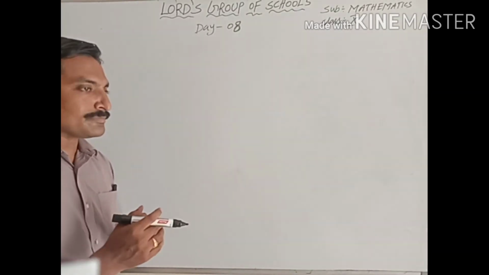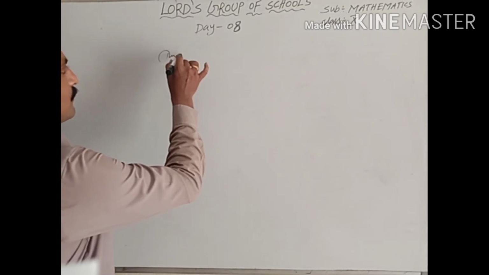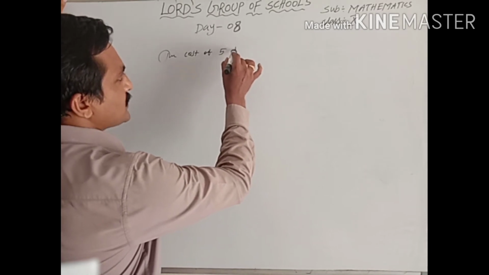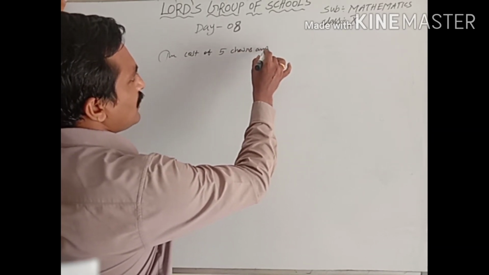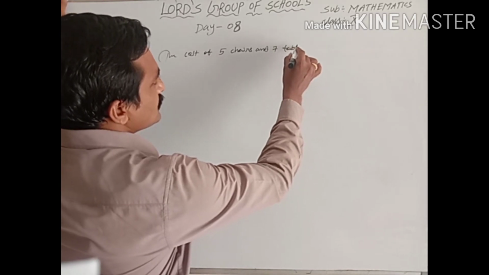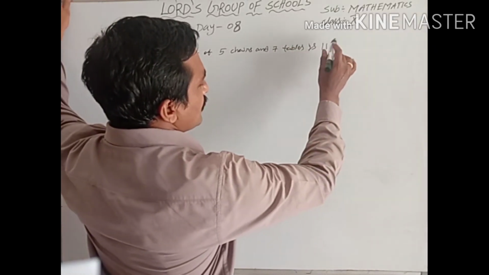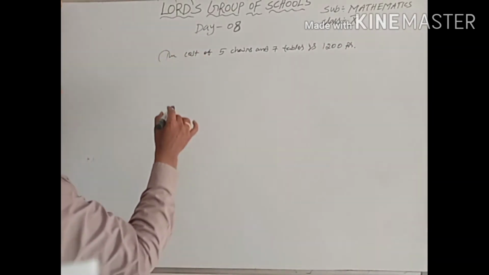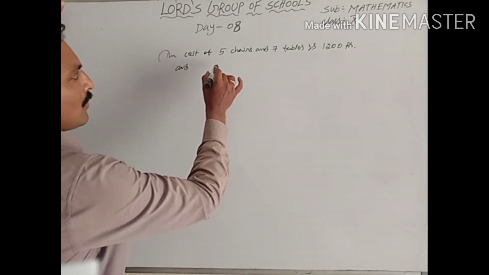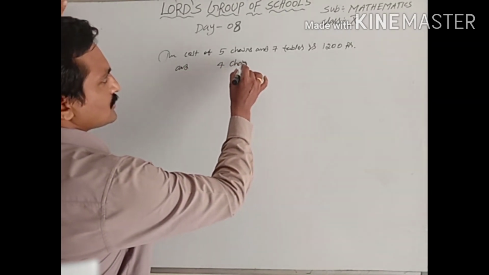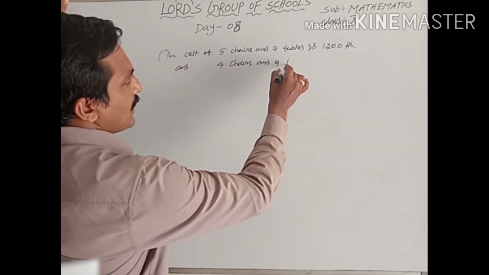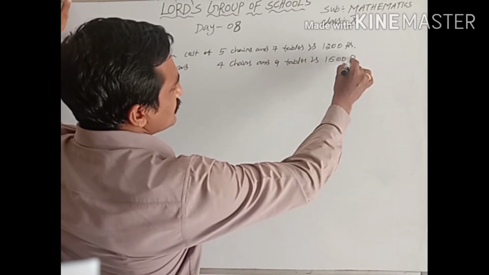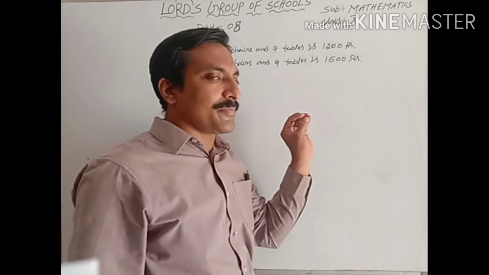For example, the cost of 5 chairs and 7 tables is 1,200 rupees, and 4 chairs and 9 tables is 1,500 rupees. Prepare a pair of linear equations.